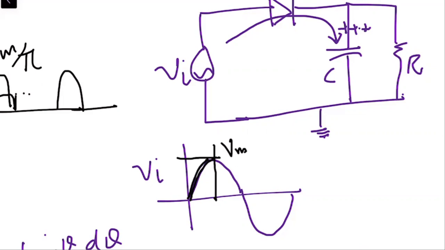So the capacitor charges instantaneously along with the rise of the input voltage. Once the input voltage reaches its maximum value, the capacitor will be charged to its maximum value, which is Vm. Are you with me?